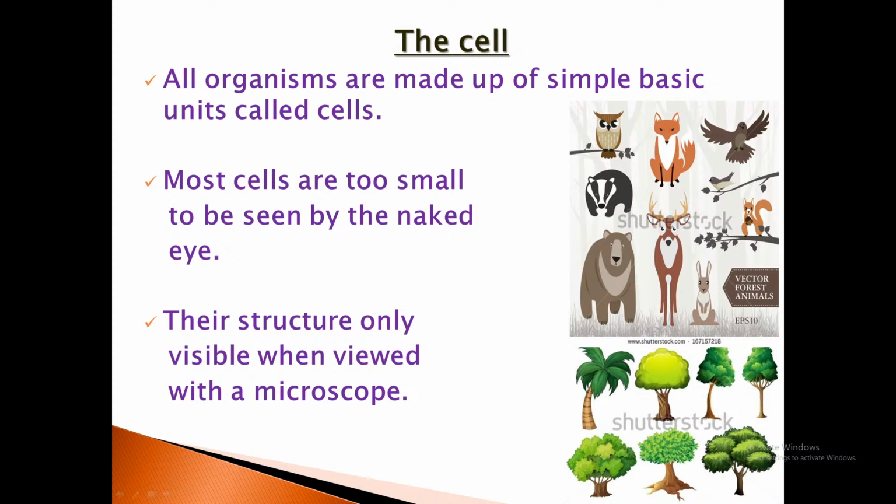The second pointer: most cells are too small to be seen with the naked eye. What that simply means is that a red blood cell, for example, if somebody gets a cut and you look at the blood, you cannot show somebody the red blood cell with your naked eyes. You would have to use a microscope to be able to see that red blood cell or that white blood cell.